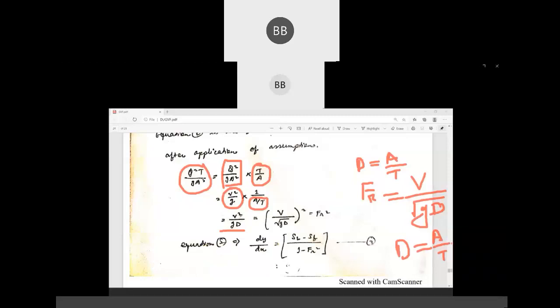So V square by gD. If you square V by root over gD, you will get this equation back, that is V square by gD, since root over gD multiplied by root over gD is gD.